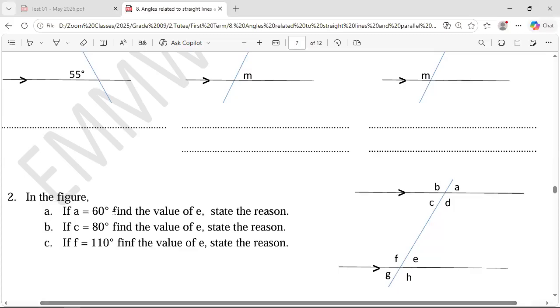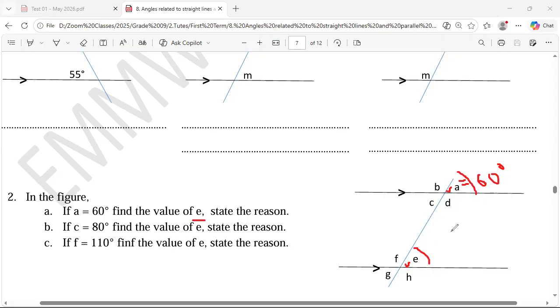If A equals 60 degrees, I am going to mark A equals 60 degrees. Then they are asking us to find the value of E. Very easy. Here you have A and here you have E. What is the type of angle, this angle and this angle?